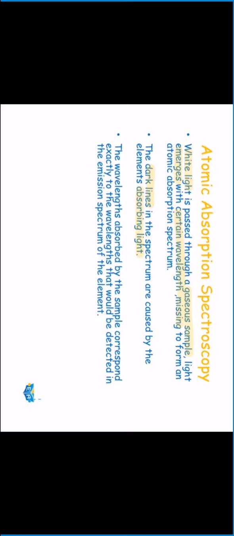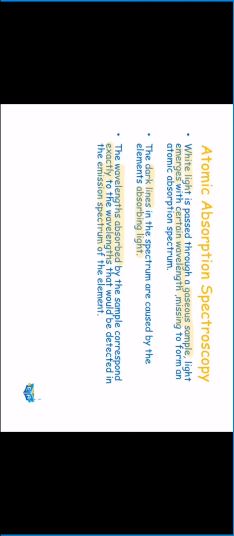and this is caused by the element in your gas sample absorbing light. Now, if we were to compare the emission spectrum and the absorption spectrum, and put one on top of the other, you should get a complete rainbow, because the wavelengths absorbed should correspond exactly to the wavelengths detected in the emission spectrum.